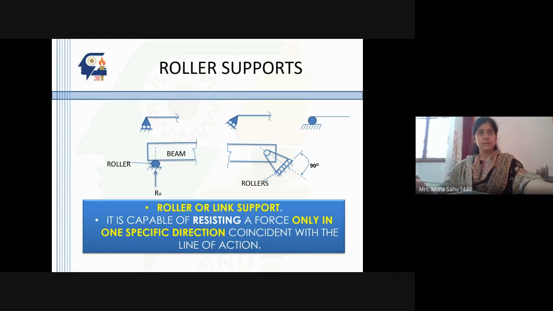Did you understand? Simple. It's a roller support. In the horizontal direction, it can move. In the vertical direction, it is restricted. So whichever direction the movement is restricted, that means there is a support. And because of that support, there will be a reaction force.